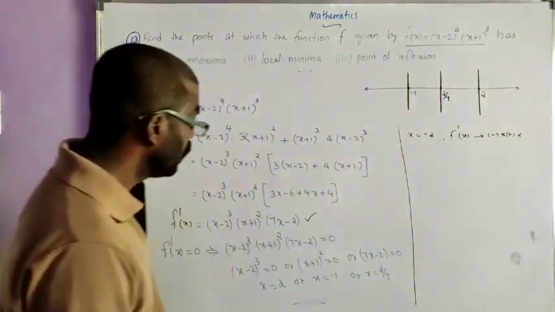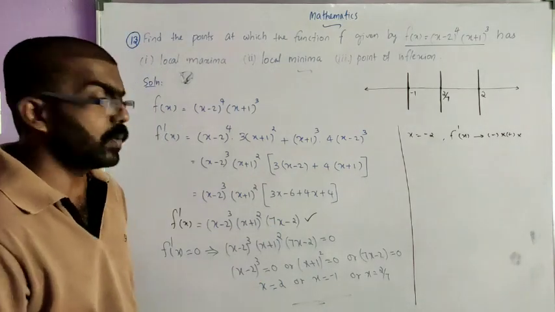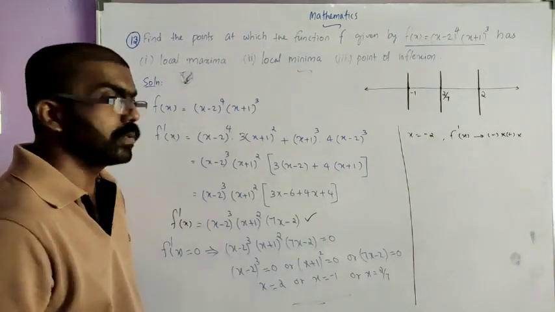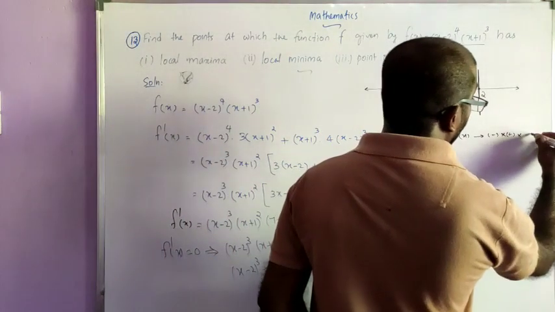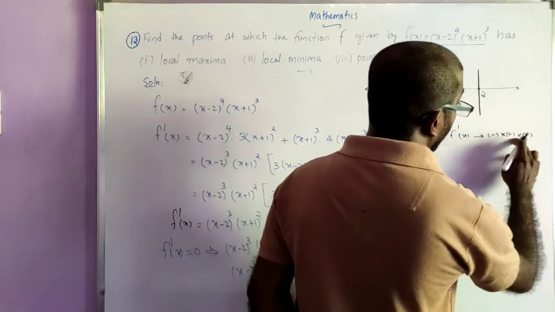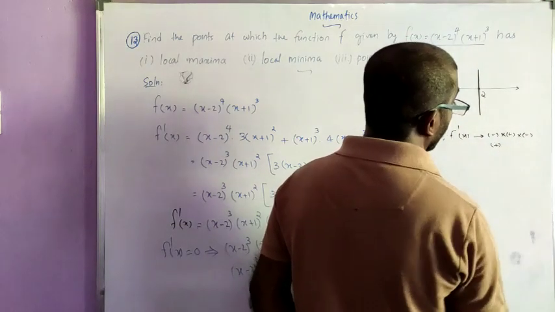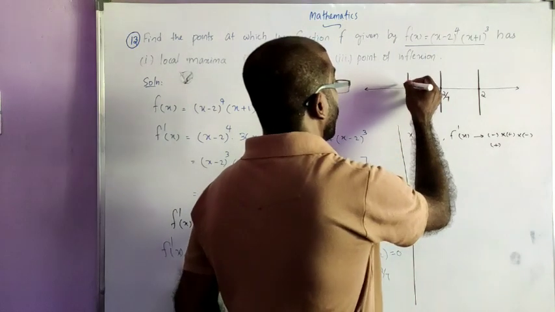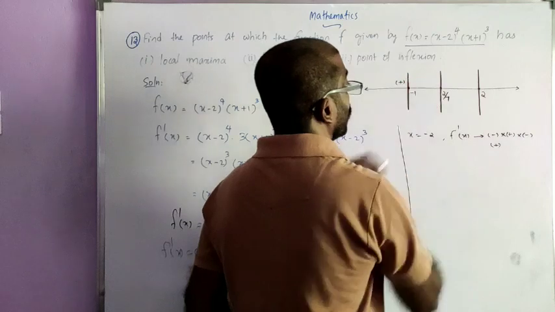Then into 7 into minus 2. 7 into minus 2 is minus 14, minus 14 minus 2, minus 16. It is negative. Okay, so minus into plus into minus, overall the sign is positive. Okay, so here we can write on the left of minus 1 the sign is positive.